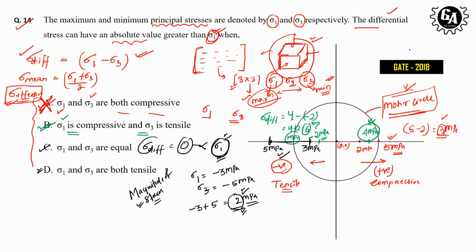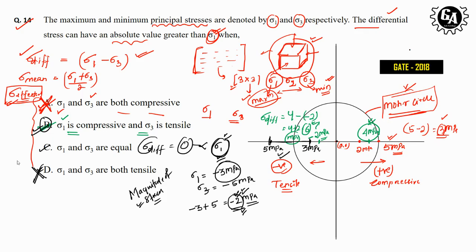This positive or negative sign is nothing but related to our convention. These are the sign conventions assigned to these things. And if this is minus 2 megapascal, then this is also not greater than this 3 MPa sigma 1. So this D is also not correct. So in this case, this B is actually your answer.